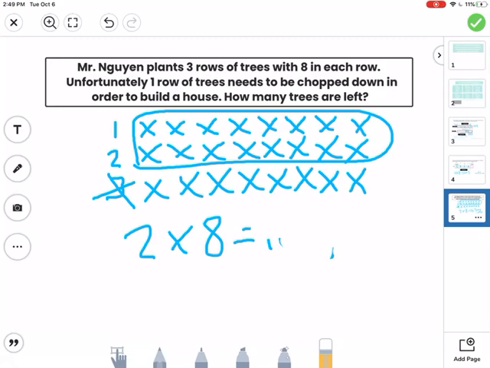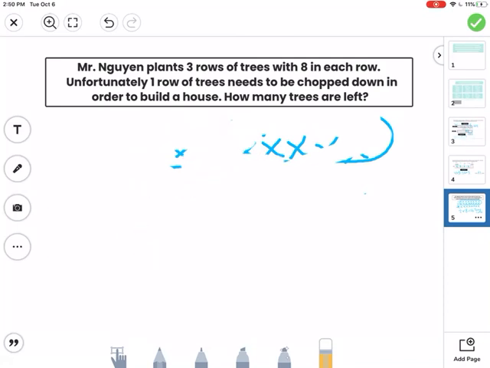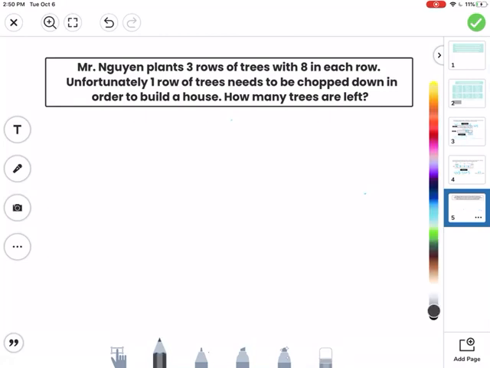Another way you guys could do this is by having your rows do a nice green color for trees. 2, 3, 4, 5, 6, 7, 8.